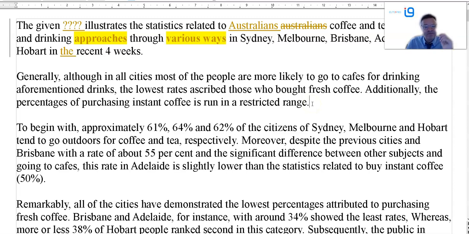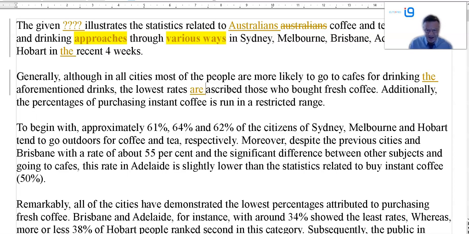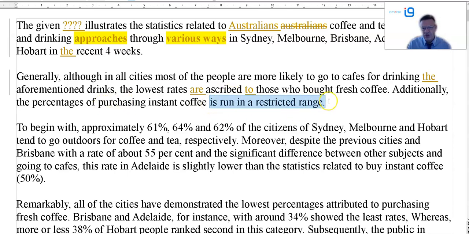It's an overview. Although in all cities, most of the people like to go to cafes for drinking aforementioned drinks, the lowest rates are ascribed to those who bought fresh coffee. Instant coffee is run in the restricted range.